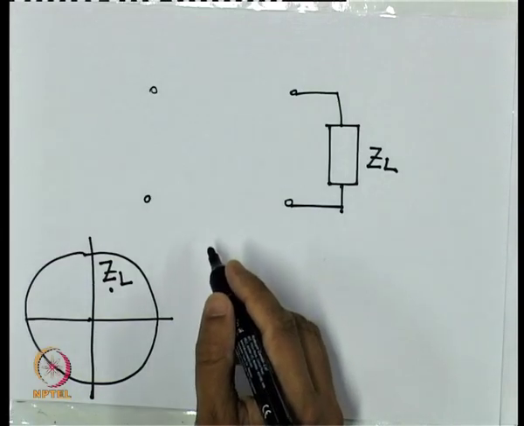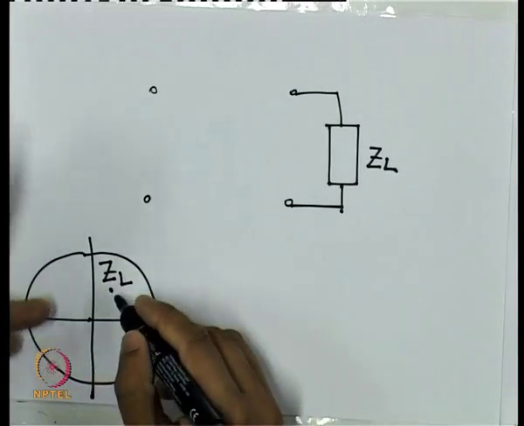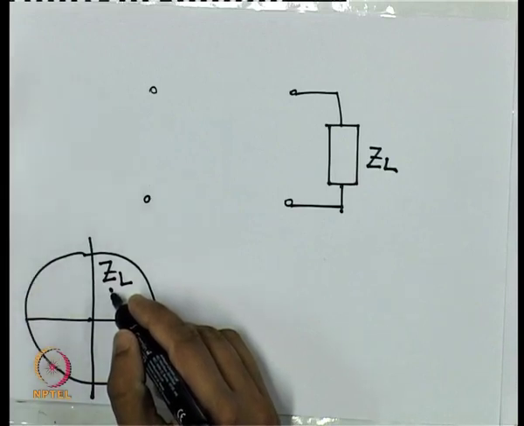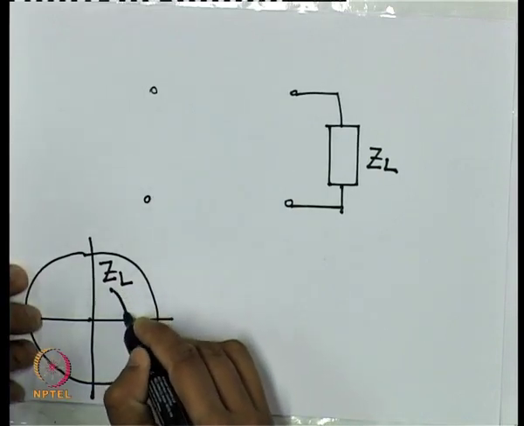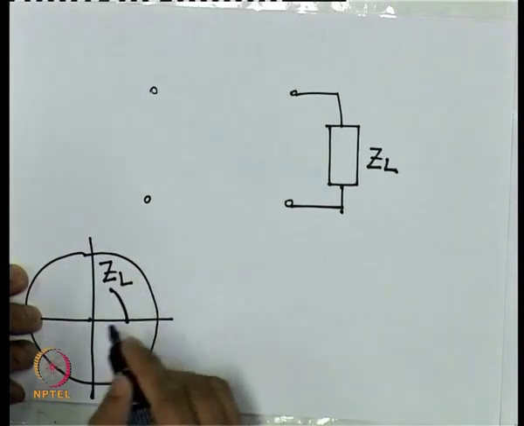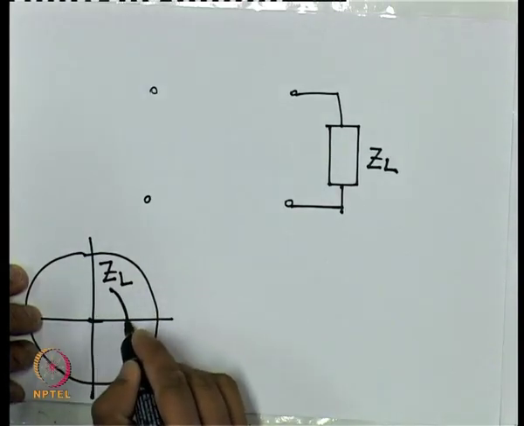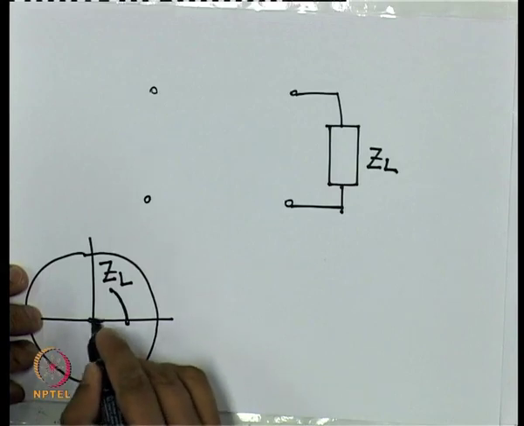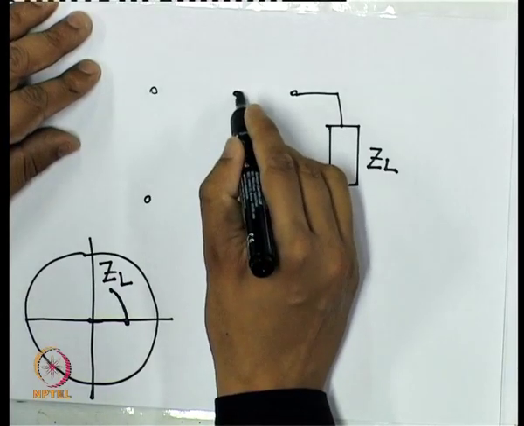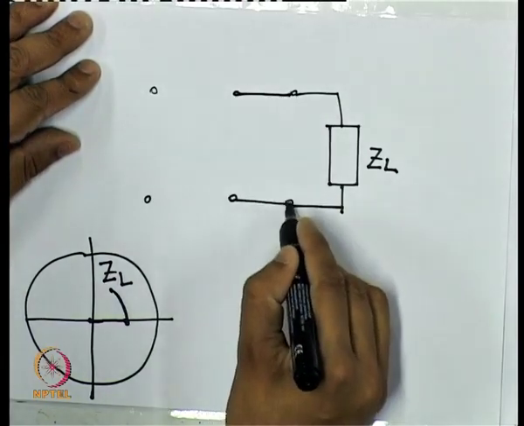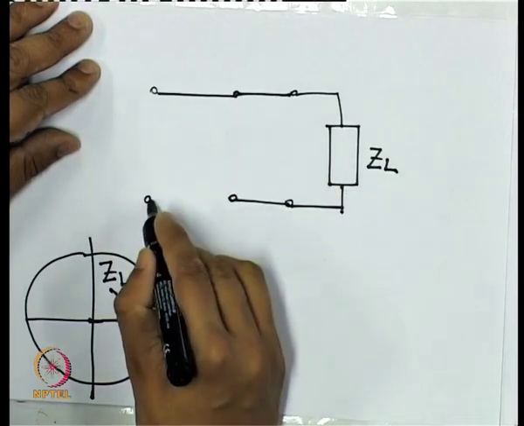So, we can go from this point to the origin in various ways. One could be, we simply add a piece of transmission line so that we are transformed from this point to the x axis, and then from this point to the origin, we use a quarter wave transformer. So, the circuit would look something like this. We have a piece of transmission line and then a quarter wavelength.